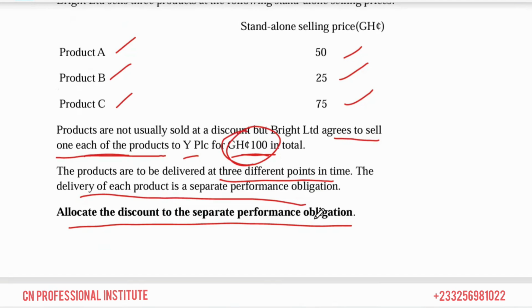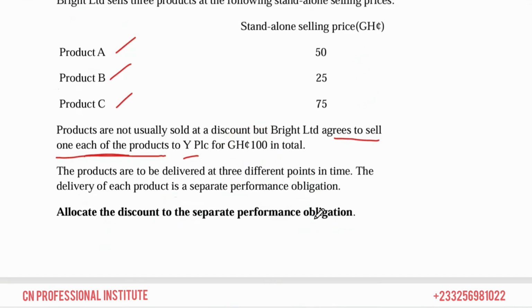We said the first thing we do is sum the standalone selling prices. So let's sum them up: 50 plus 25 plus 75. When we sum all this, what do we get? 25 plus 75 should give us 100.